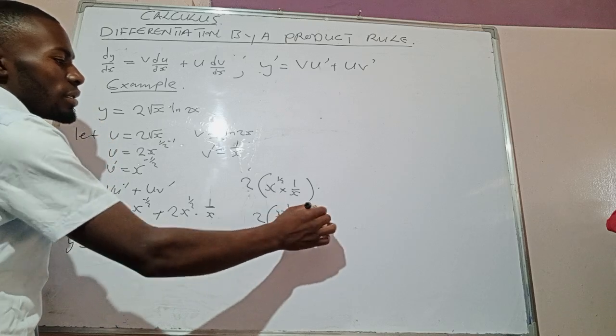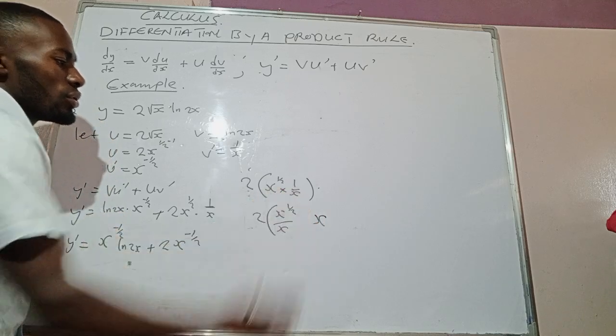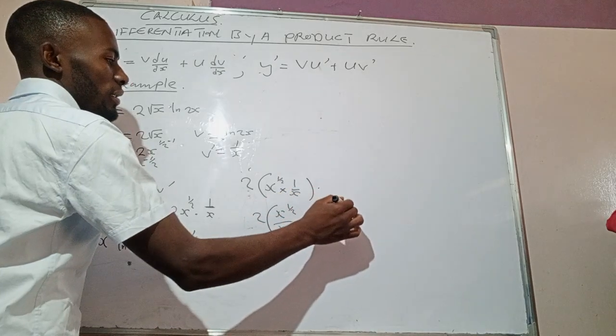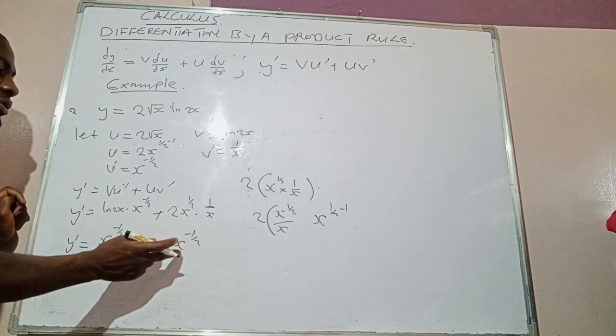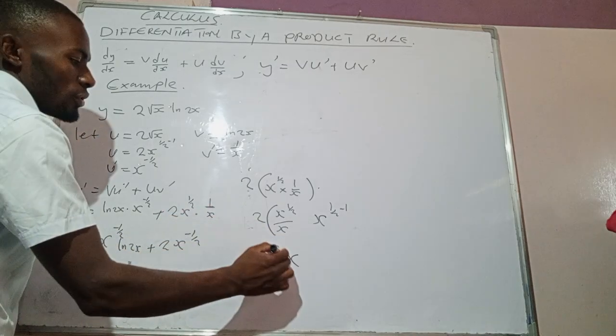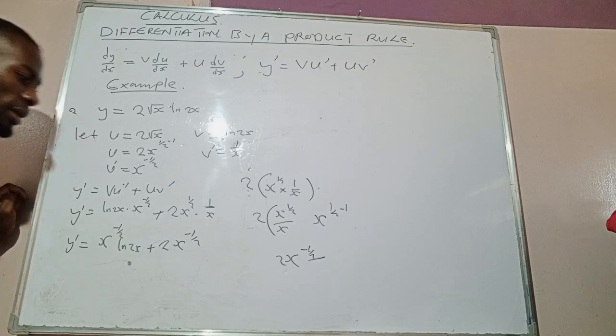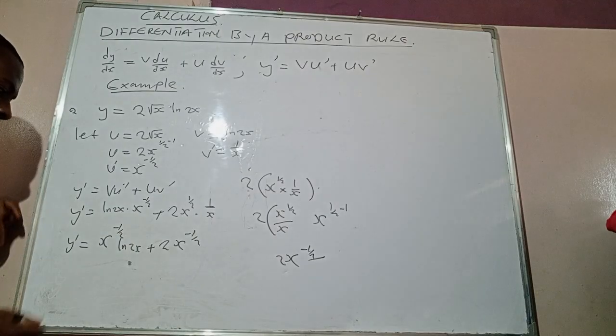When you have the same base, you maintain the base, and what do you do with the powers? You subtract the powers. So I'm going to have 1 over 2 minus 1, which is going to give you 2x to the power negative 1 over 2. That's where this negative half is coming from.